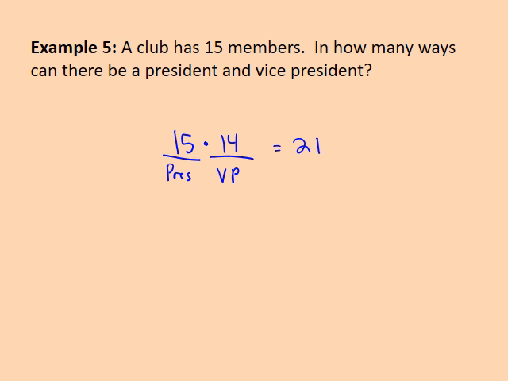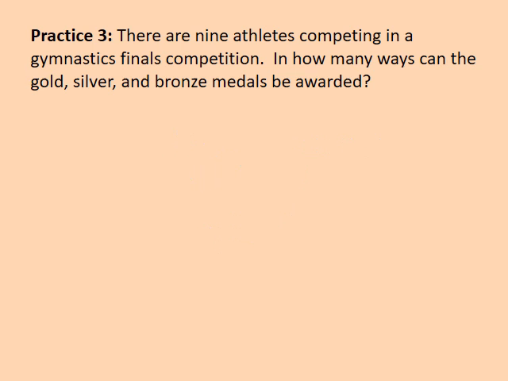So there are 210 ways we could have a president and vice president of this club. Now, if you use the permutation, you would say 15P2 because we have 15 club members and we're arranging them 2 different ways, president and vice president. 15P2, because it's the same thing, is also 210.